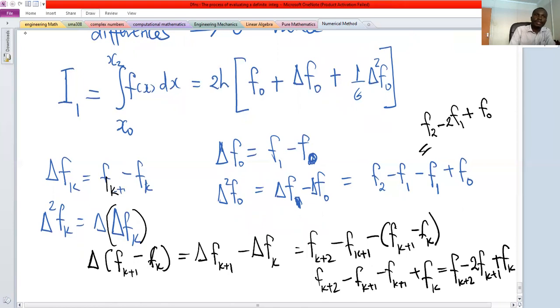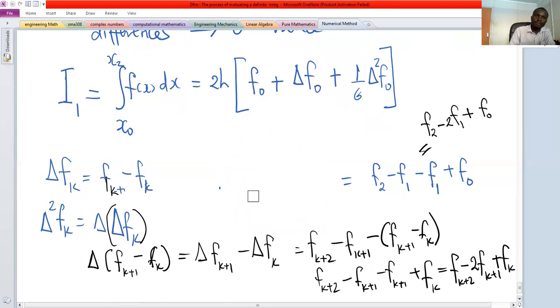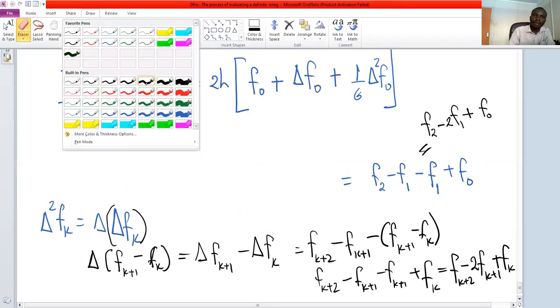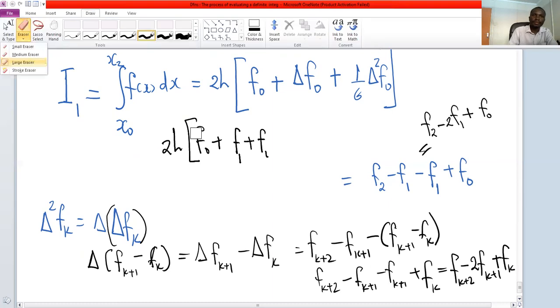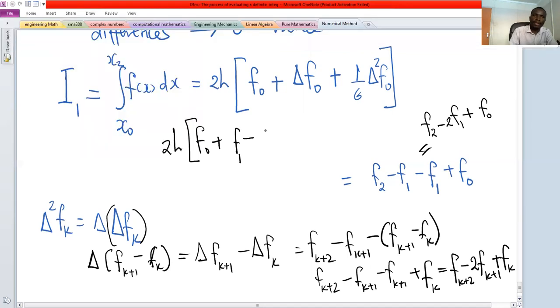So that now I simplify this part as: I'll have 2h into F0 plus forward of F0, which is F1 minus F0, and then plus 1/6 into this, which we have found to be F2 minus twice F1 plus F0.